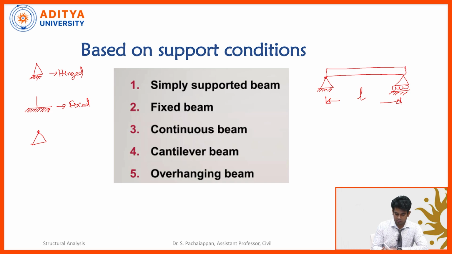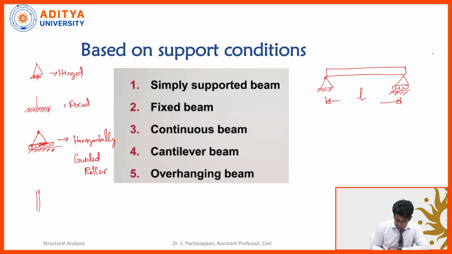Sorry, we have a hinged support. At the bottom we have the roller. This is called a roller support, but I am going to write horizontally guided roller. So, this is the horizontally guided roller, and one more I am going to draw.